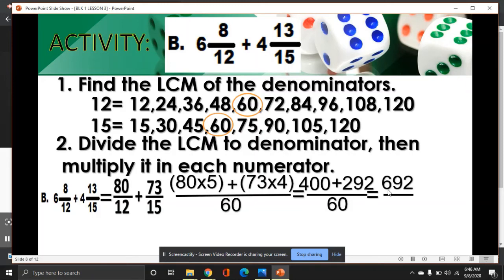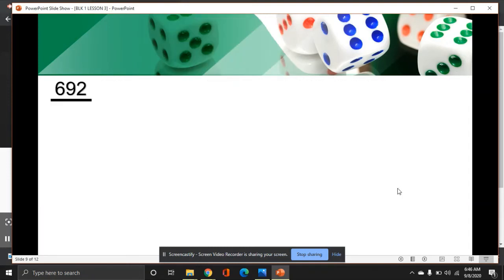Add it: 400 plus 292, we got 692 over, copy our denominator, 60. Is this our final answer? No. As you can see, it has a big number.